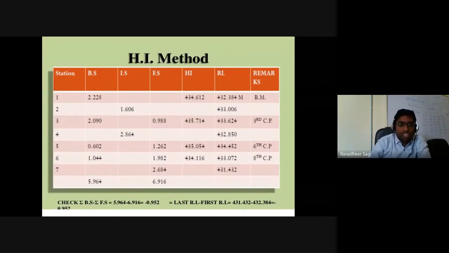So first point, second point, third point, fourth point, fifth point, and immediately after your sixth point there is a change in instrument station. So automatically the sixth point is represented as your foresight. After taking the sixth reading, your instrument got shifted to some other new position, and the first reading that is taken on the leveling staff is with respect to the same position where your leveling staff was held earlier.